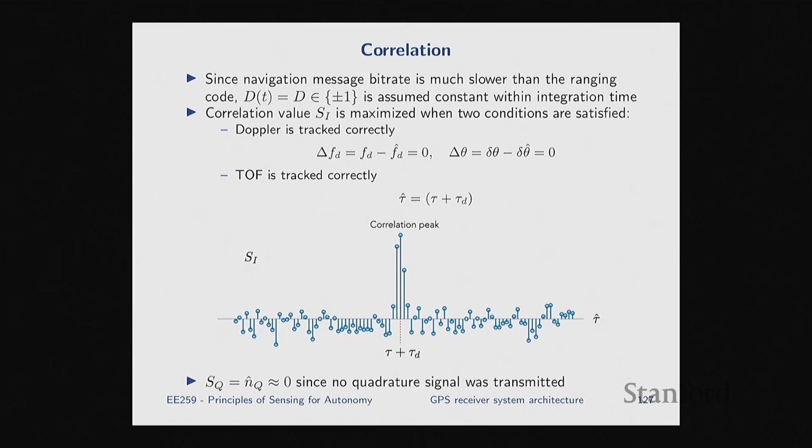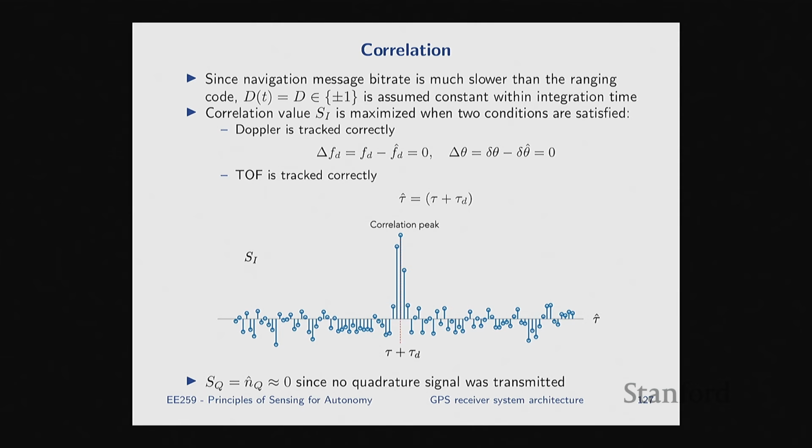Based on how those two are changing, if the one to your right is increasing and the one to your left is decreasing, that means your tau hat is increasing. If it's the other way around, your tau hat is decreasing. As easy as that: just by monitoring 3 samples out of the correlator, you can almost perfectly track tau hat. Same for f hat.